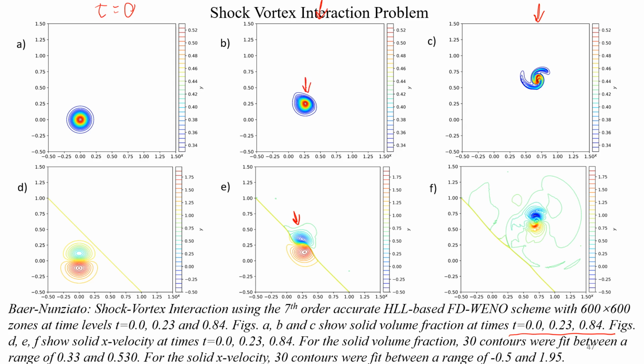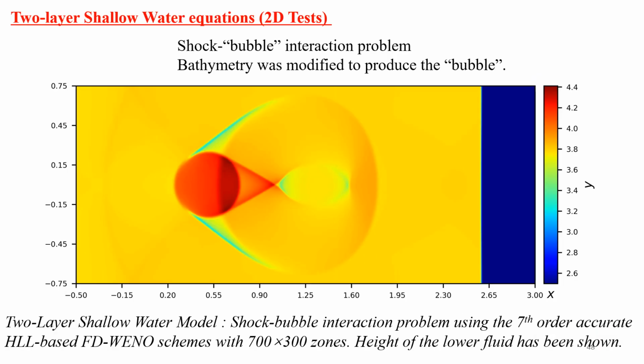The late time at t equals 0.84 shows the solid volume fraction significantly distorted by its interaction with the shock front, but you can see that since vorticity corresponds to angular momentum and angular momentum is conserved, the vorticity is still preserved as the vortex has passed through the shock, and the shock has stabilized out here and the vortex has cleared the shock. So with that we get some good insights that things are working according to the physics of the problem.